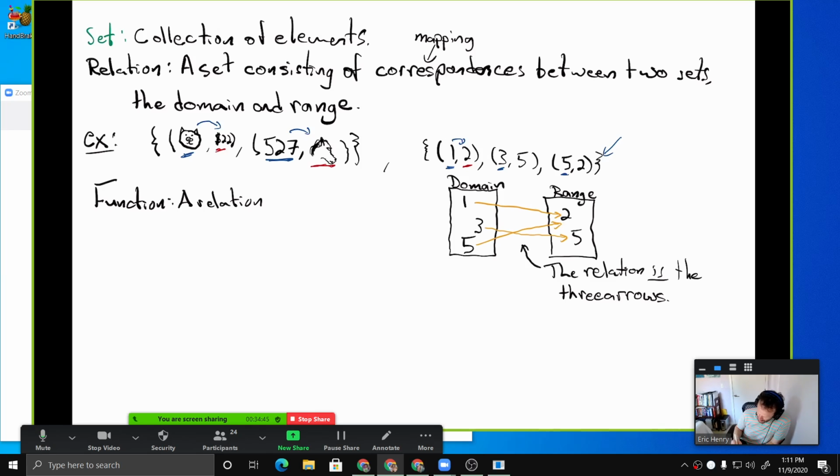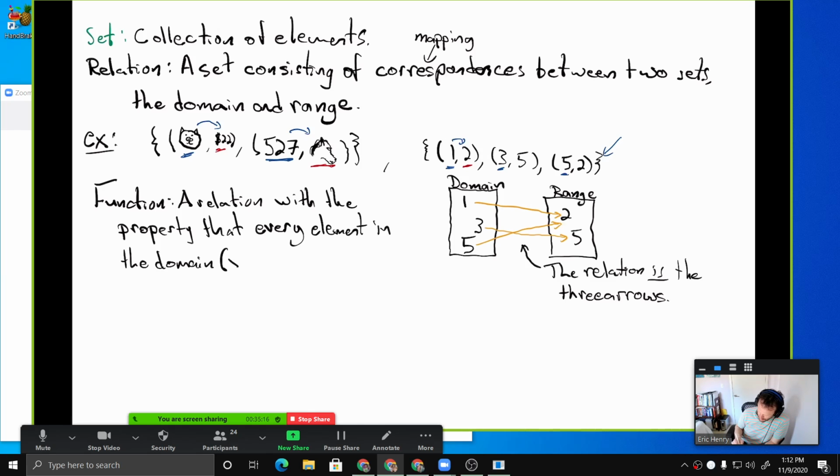A relation with the rule that every element in the domain maps to exactly one element in the range.